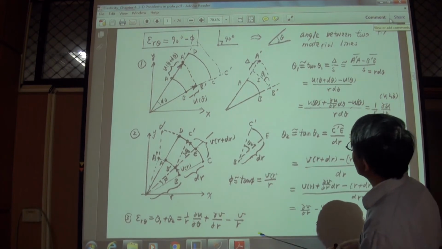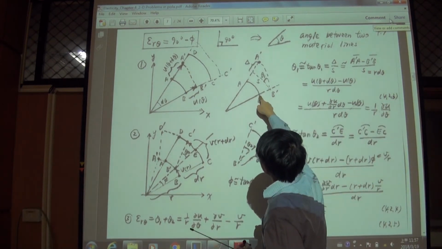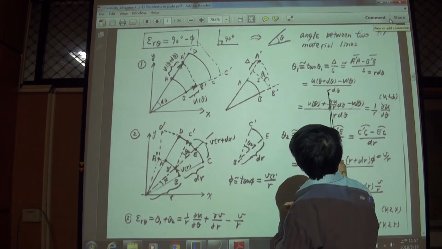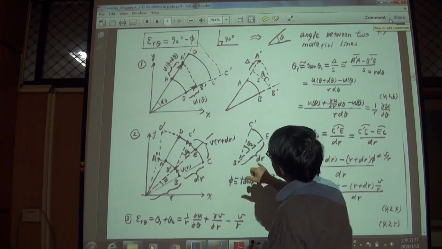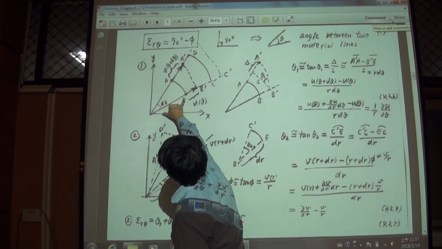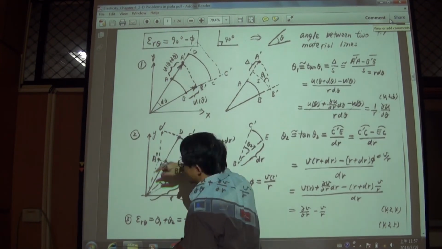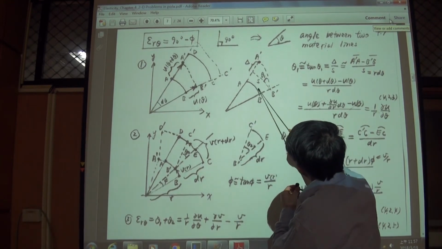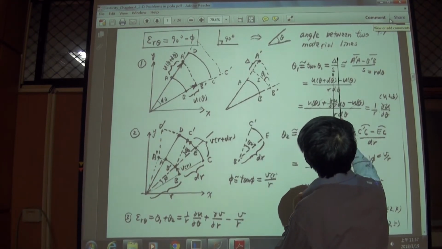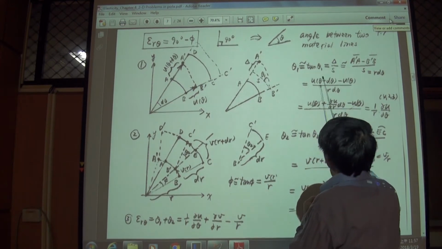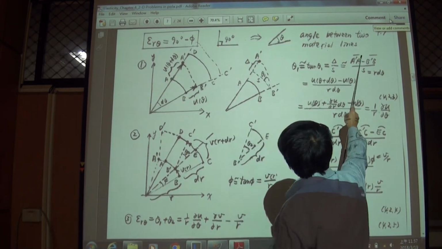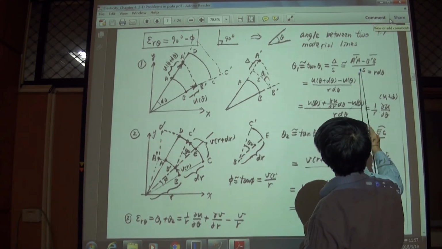The length s equals AB, and AB is just r d theta, the radius r times d theta. How about delta? Delta is just this amount minus this amount.